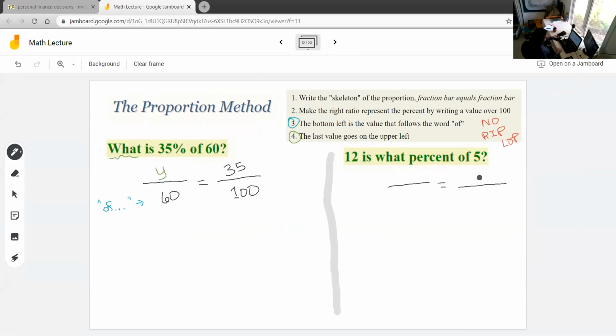Well, we don't know the percent this time, so let's write it as something we don't know over 100. Third step, of something. In this case, the number after of is 5. Fourth step, what did I not use yet? The 12.